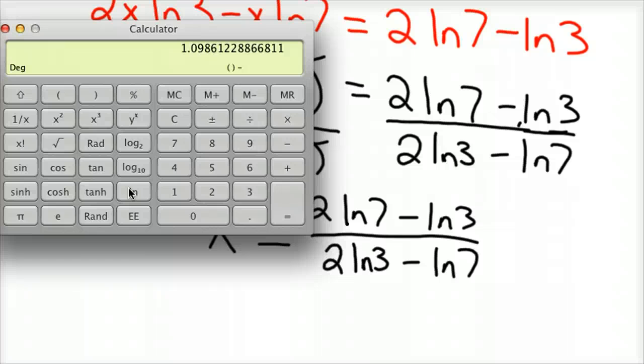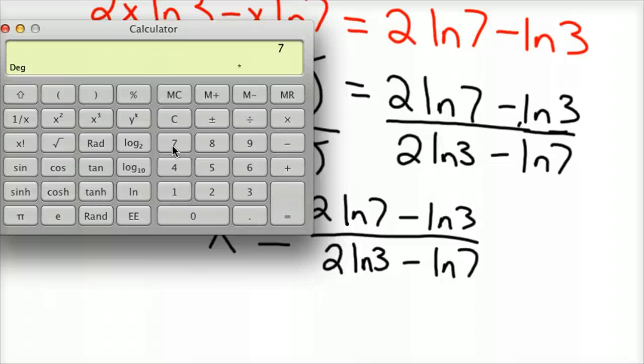Divided by, I hope I hit the parentheses. I don't remember if I hit the parentheses. I don't like this type of calculator because it doesn't display what you're plugging in, so it's a little risky. So I'm just going to find the top, find the bottom, and then divide them.